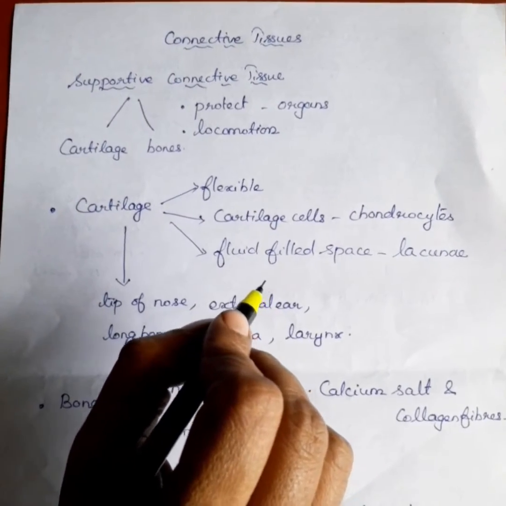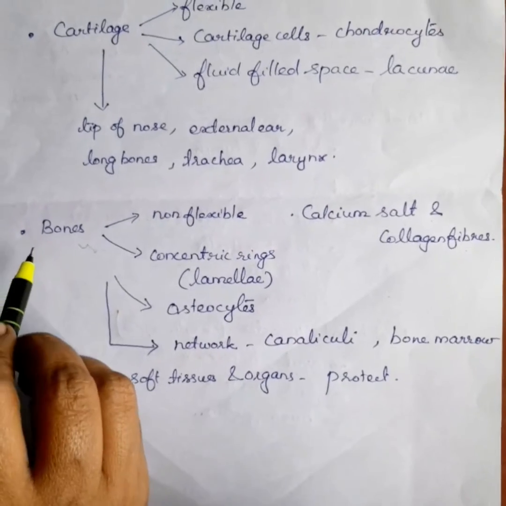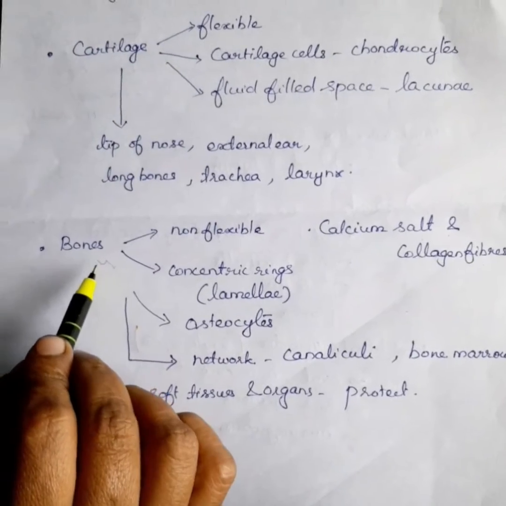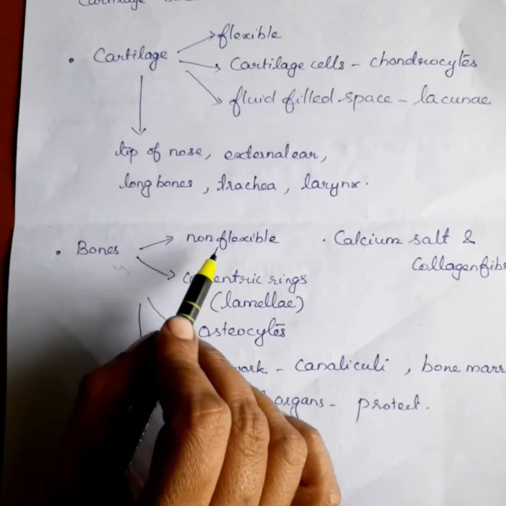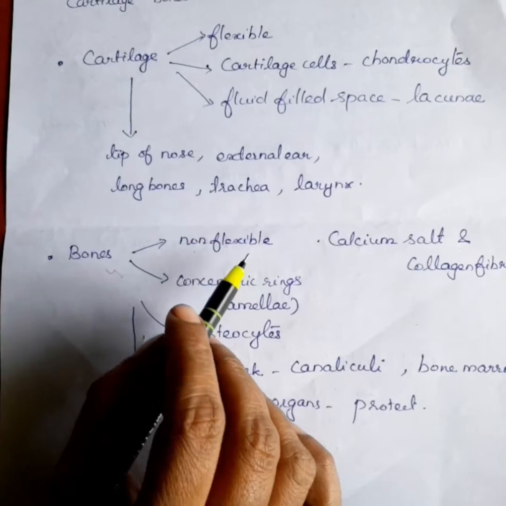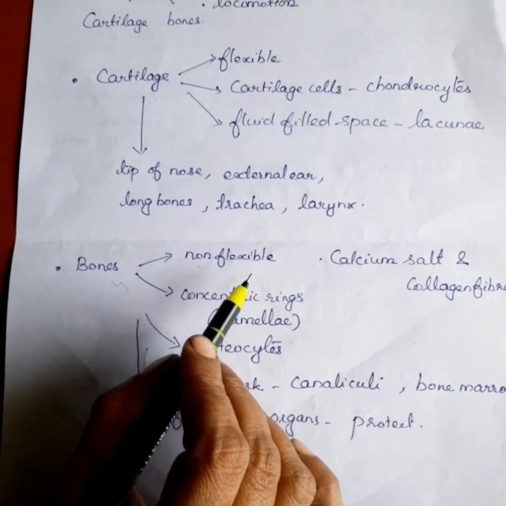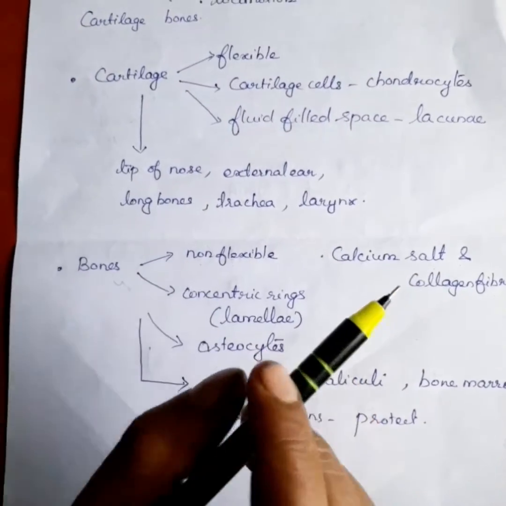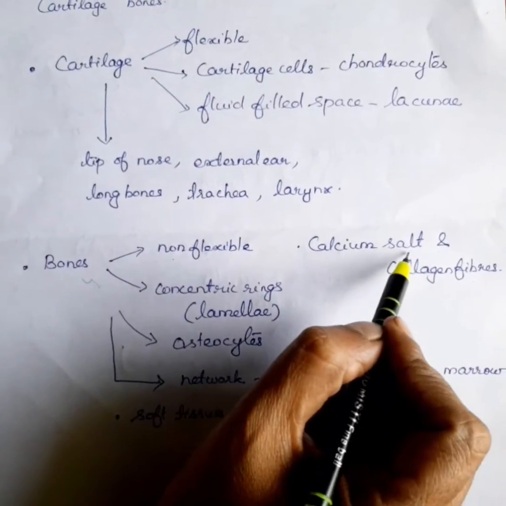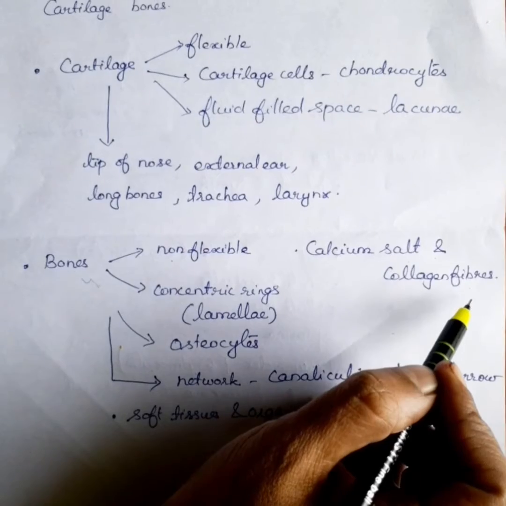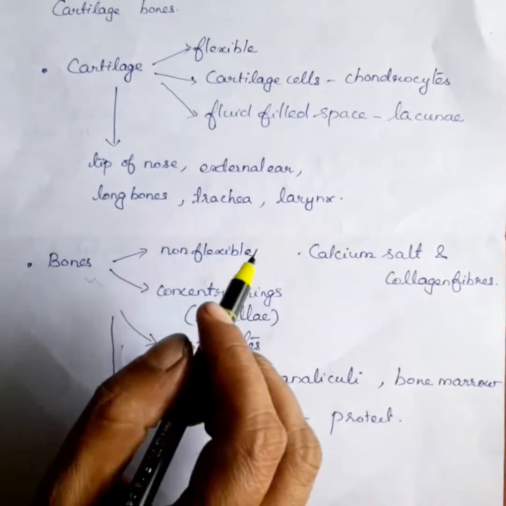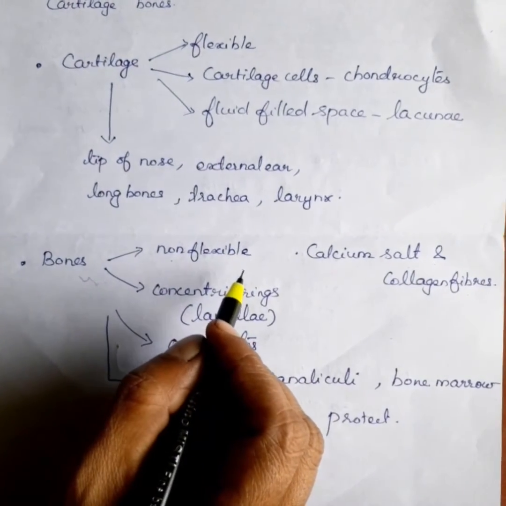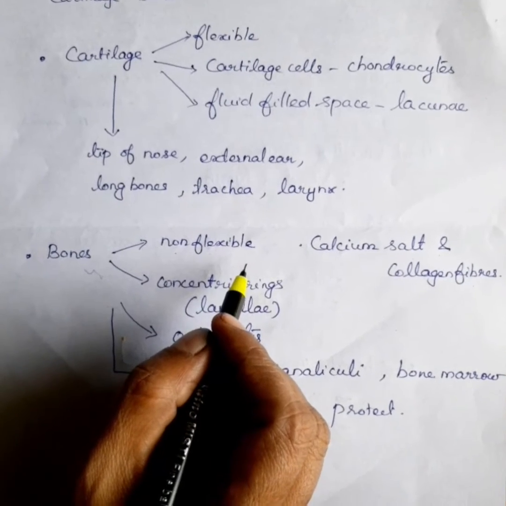Do you understand? Now we are going to learn about bones. Bone is a non-flexible connective tissue. It is solid and very strong. Here the matrix of the bone is rich in calcium salt and collagen fibers, which gives it strength.